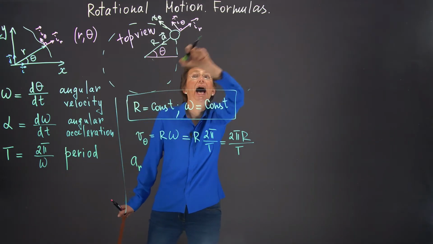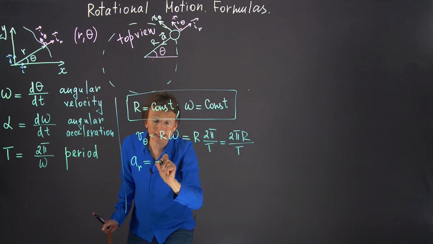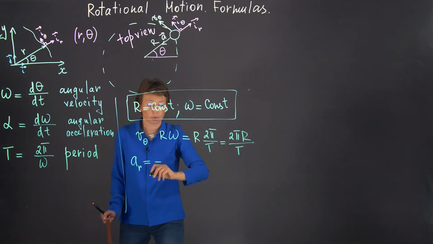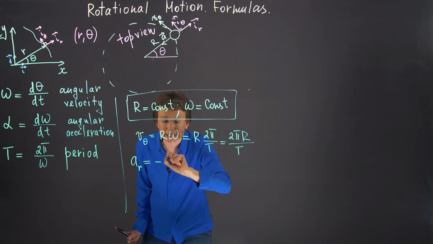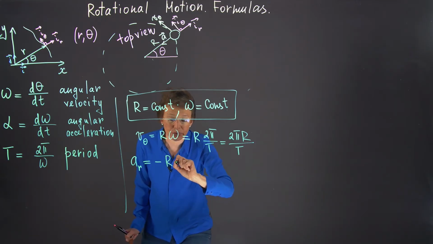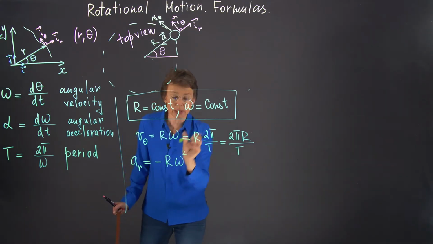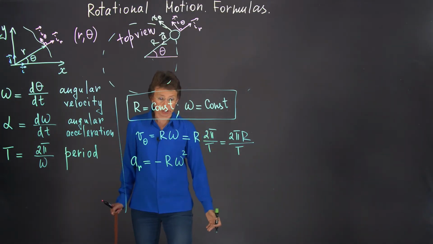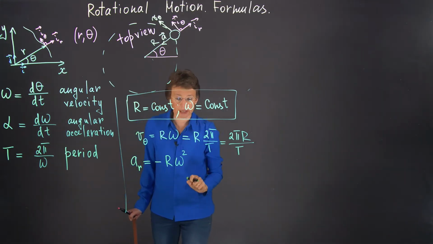Then projection of this acceleration is negative, since acceleration is towards the center. And what is the magnitude of this acceleration? It is r, radius of this circle, times omega squared. And in some books, it is called centripetal acceleration. Towards the center, magnitude r omega squared.